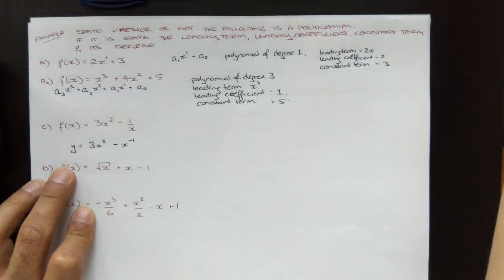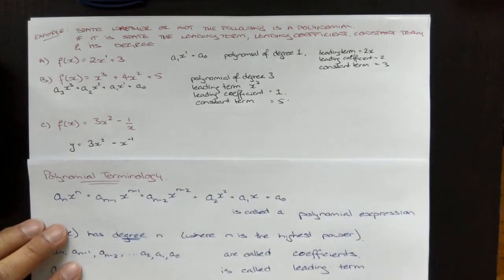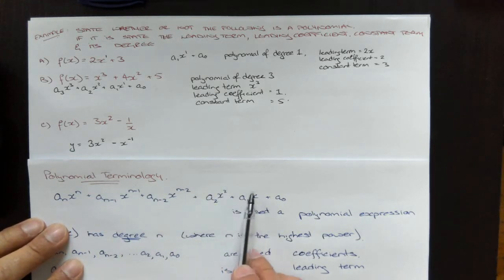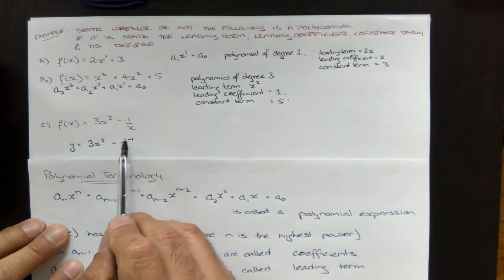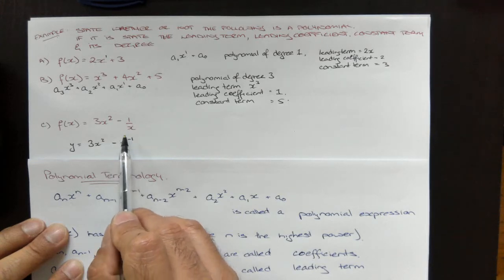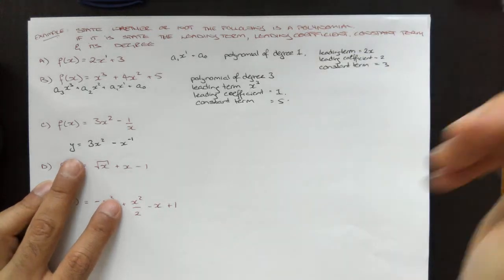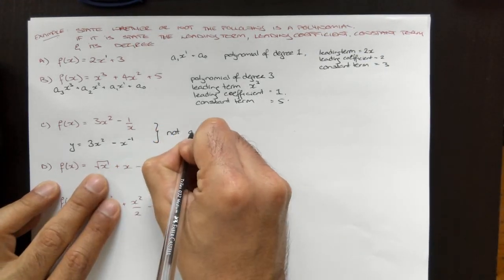Now if we go back to the original expression, that 3x squared kind of fits over here, and obviously plus a1x is nothing, and plus a, we have no constant term, but then we have this x to the power of negative 1. So this in itself makes this not a polynomial.